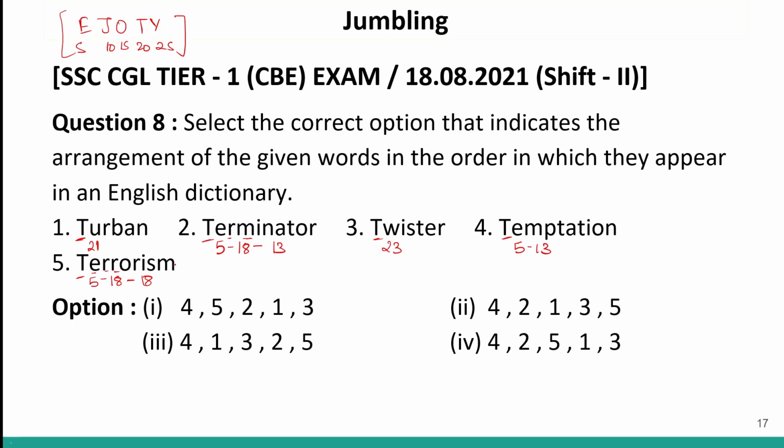So the correct final sequence will be, the first word will be temptation. After that, we'll get terminator. Then we'll get terrorism.